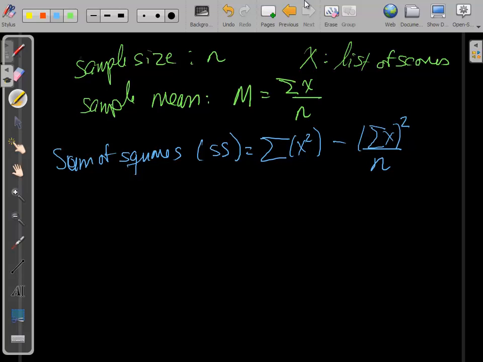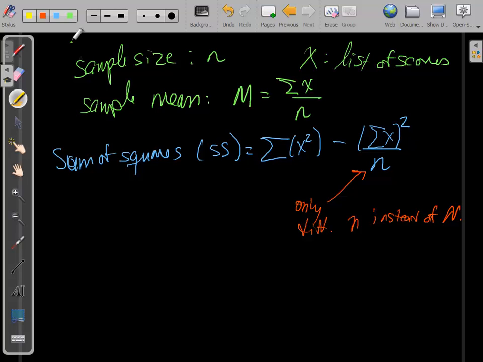This looks almost identical, except for this one difference right here: we're using little n instead of big N. So the sample mean is almost identical, and the sum of squares is almost identical, except that we're putting in the little n.